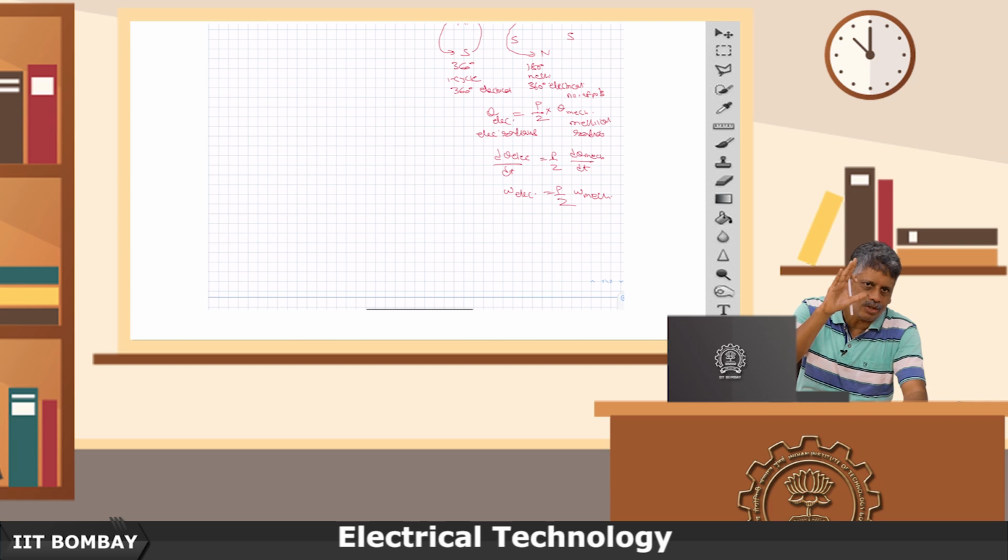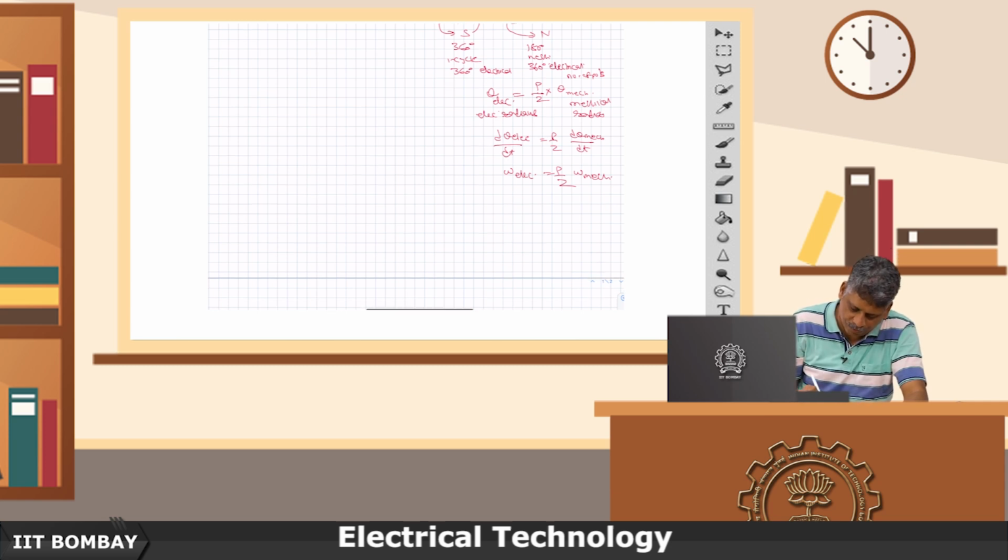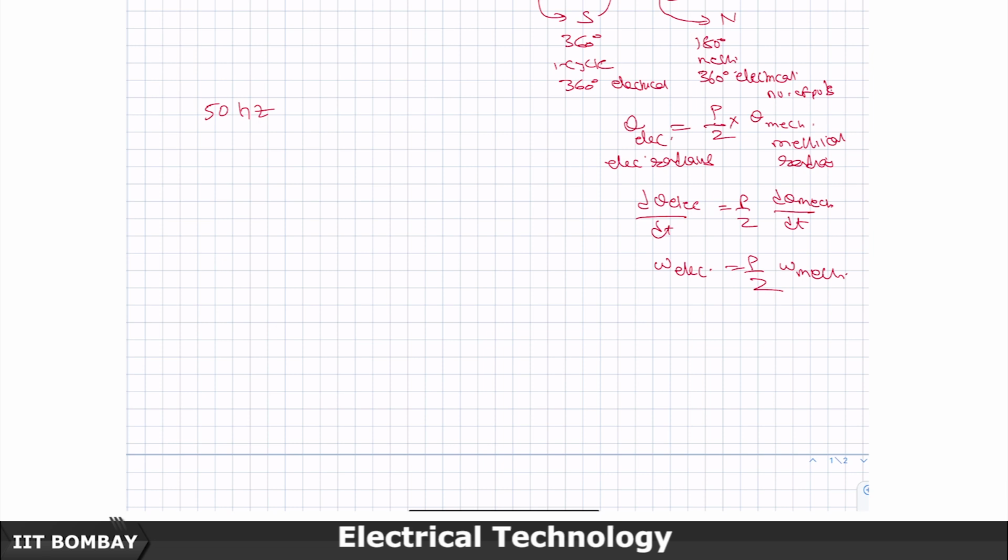But the grid is always going to run on what? Grid is always running at 50 hertz here in India, Europe also mostly 50 hertz, North America 60 hertz, but whatever it is, that one frequency is not going to change. So, this means that this is equivalent to 3000 revolutions per minute.